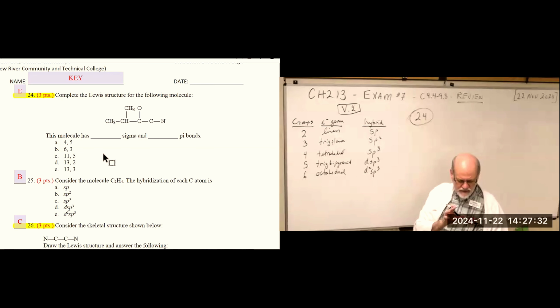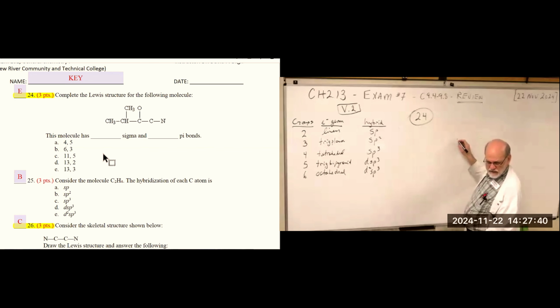This molecule has so many sigmas and so many pi's. Okay, so we got, let's see. We got 1, 2, 3, 4 carbons. 2, 3, 4 carbons and a nitrogen. And this one has an oxygen on the second carbon over and a methyl group.